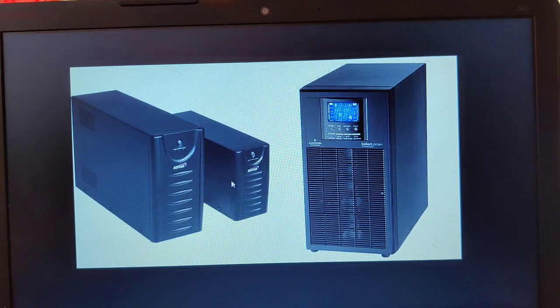Now in the case of offline UPS, what happens? If the current is there, you will not be getting any power supply from the UPS. Instead it keeps on charging. At the time when the power supply goes off, if there is a current failure, then your computer will switch to the offline UPS, and you will be able to get the power supply from this offline UPS device.